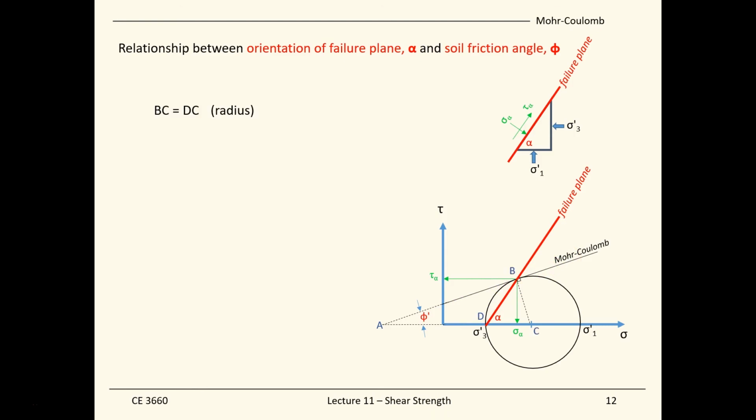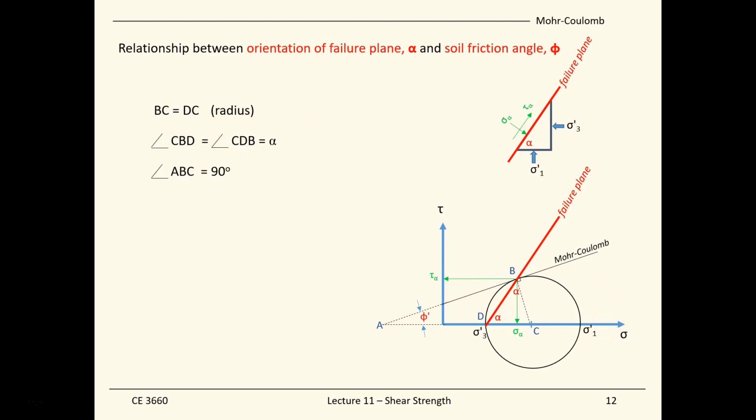So if we look at the triangle right here, BC, and the triangle BCD, we look at the radius of BC and CD, they are the same because they both are the radius of the circle. And if we also look at the angle CBD and also angle CDB right there, both of them are the same because they are also the same angle alpha, with the conditions that we're looking at, and isosceles triangles have the same length, being the radius of the circle.